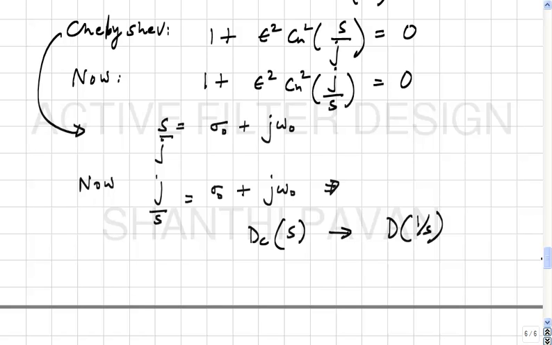If you have a whole bunch of roots, in the Chebyshev example these lie on an ellipse, right? Now the roots are 1 by whatever you had before. The magnitude becomes 1 by whatever, and the phase becomes negative, but then there's a corresponding mirror here, so that will come.